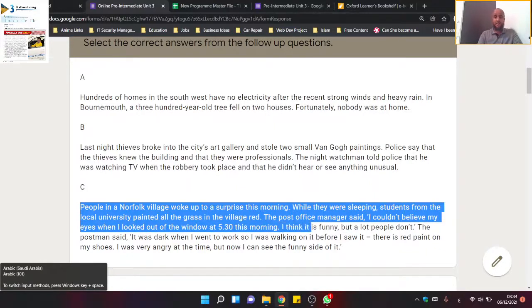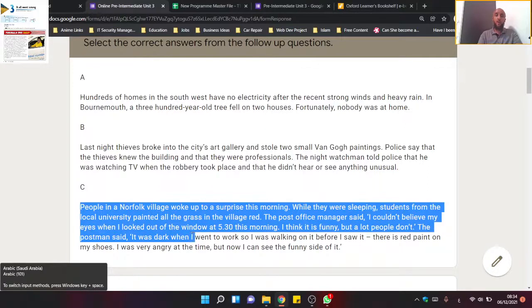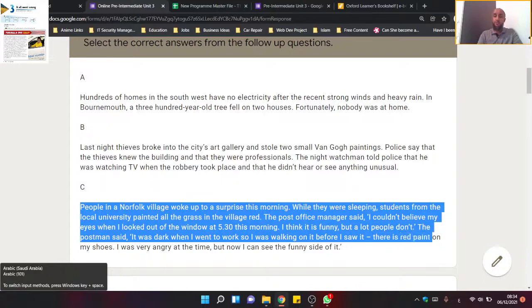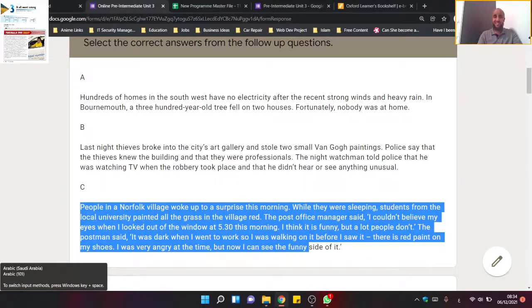I think it is funny, but a lot of people don't. The postman said it was dark when I went to work, so I was walking on it before I saw it. There is red paint on my shoes. I was very angry at the time, but now I can see the funny side of it.